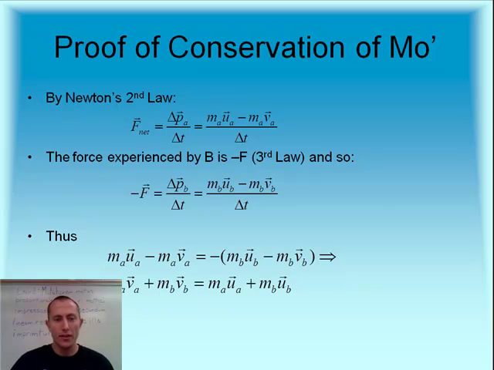And so we end up with, if we do a little rearranging, and I'll let you follow through this, here's our change in momentum of object A. Here's our change in momentum of object B. And if we do a little rearranging and get all of the final momentums on one side and all of the initial momentums on the other side, we find that mAvA plus mBvB, so the final momentum of both A and B added together, is equal to mAuA plus mBuB, the initial momentum of each one added together. So the total momentum before is equal to the total momentum after.